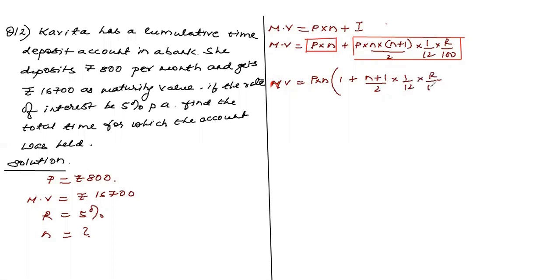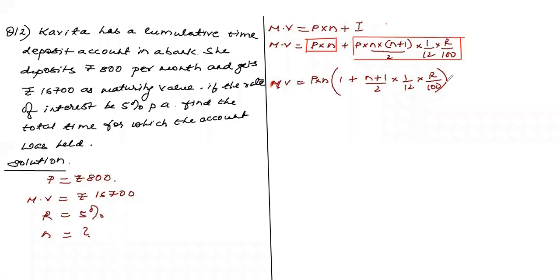Children, now what will happen? Just substitute all the possible values, whichever values you know.